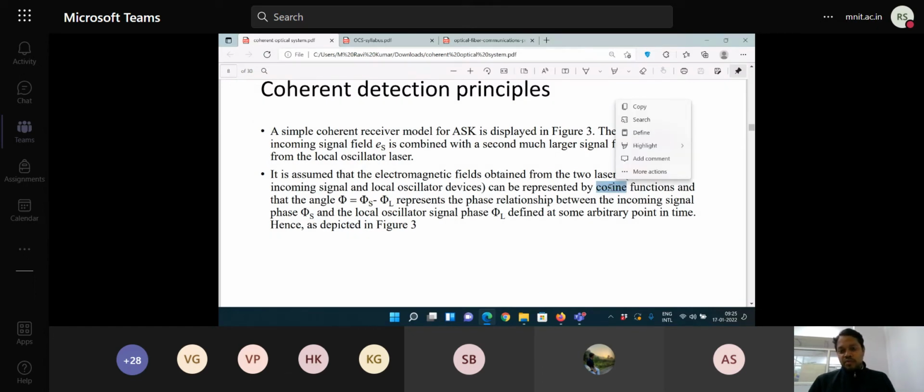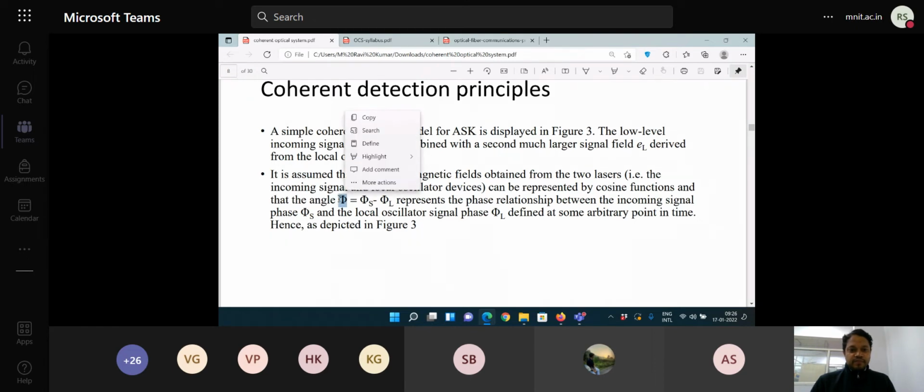This is actually not an exact representation but an approximation, and depending on these cosine functions, a phase relationship can be represented by this expression. Phi is phi s minus phi l. Phi s refers to the phase of the source or the transmitted signal, and phi l refers to the phase of the local oscillator signal.